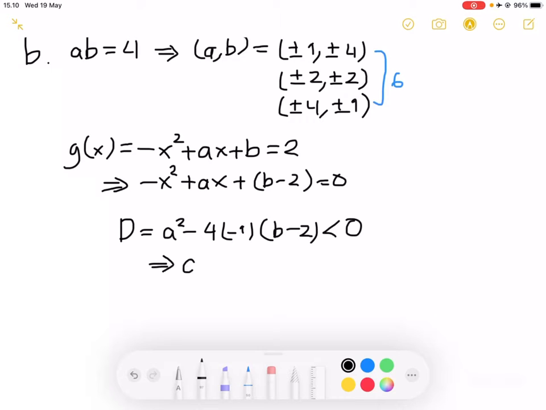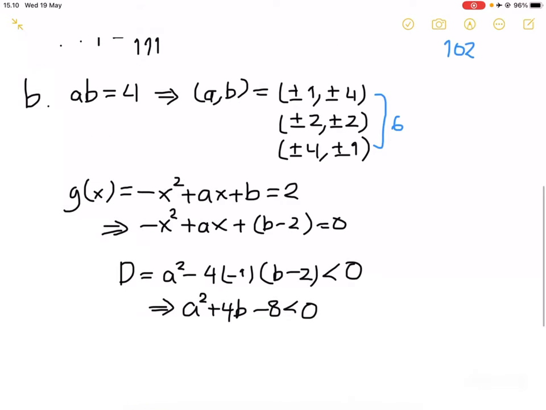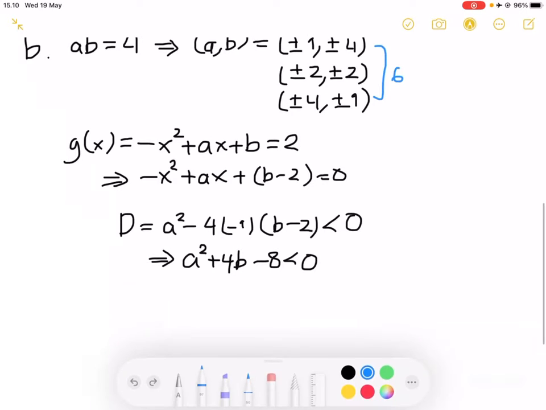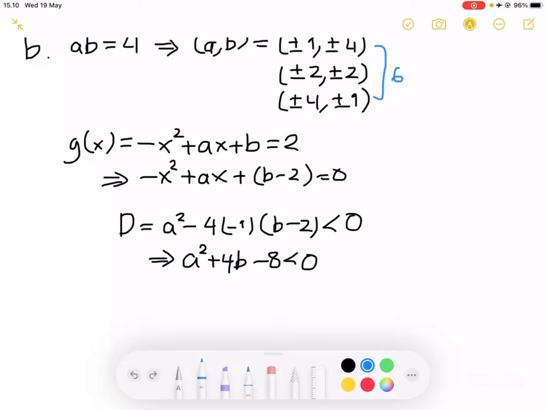So therefore we have the inequality a squared minus 4b minus 8 is less than 0. Now given our pretty few solutions, we can substitute each pair of a and b and see if it satisfies this inequality. If you do that, one solution that satisfies this is negative 1 and negative 4. Since a squared will give us 1, 4b will give us negative 16, and you can check this is negative.